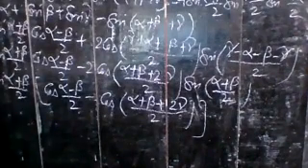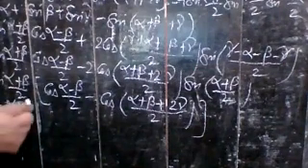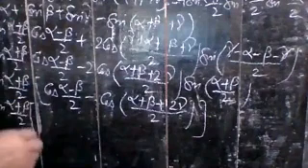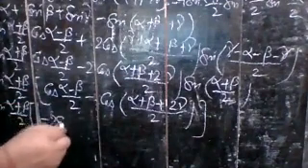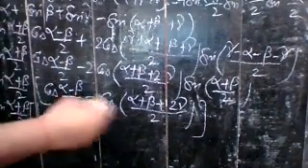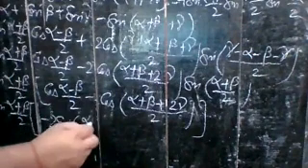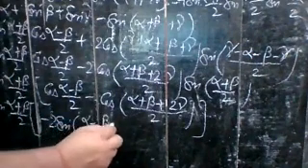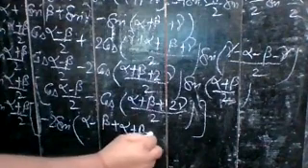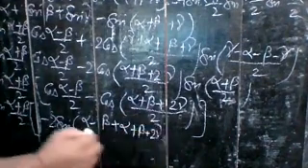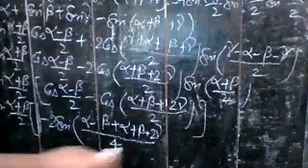So applying here, 2 sine alpha plus beta by 2 into minus 2 sine of alpha minus beta plus alpha plus beta plus 2 gamma, whole divided by 4.